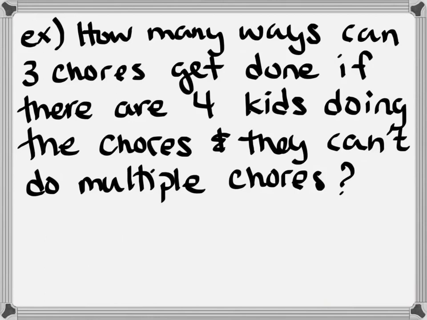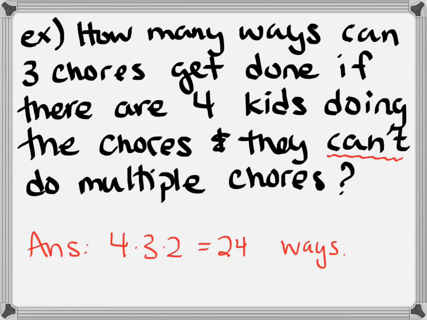We can modify this slightly, so again this should sort of seem similar with drawing the balls out of the hat from last time. Now, instead of letting the kids do multiple chores, we'll assume that they can't. So once a kid has done a chore, they've completed their activity. Alright, we still have the 3 tasks representing each chore. But now we have 4 ways that the first chore can be done.